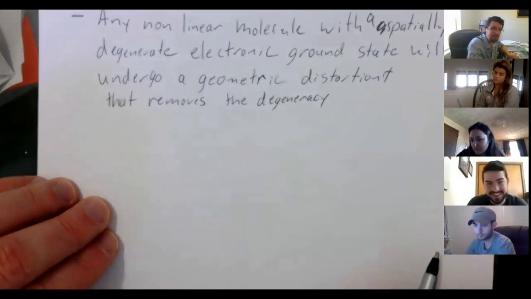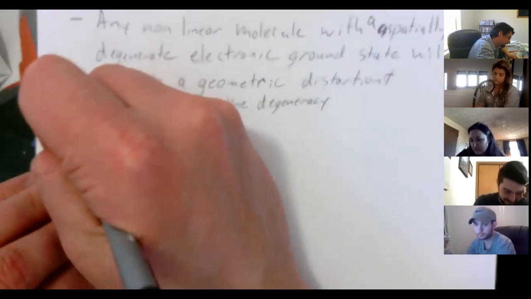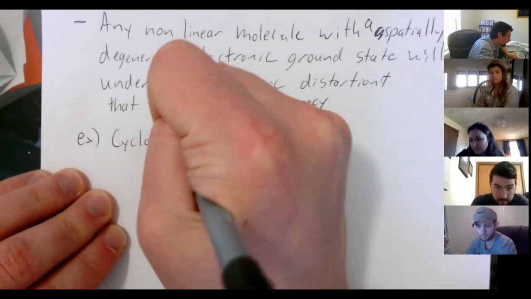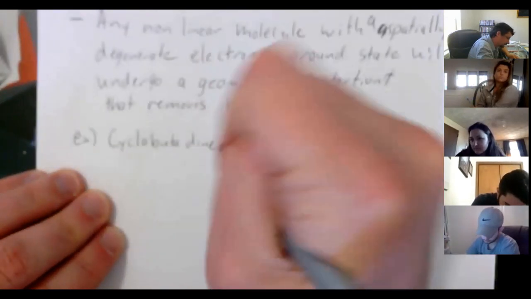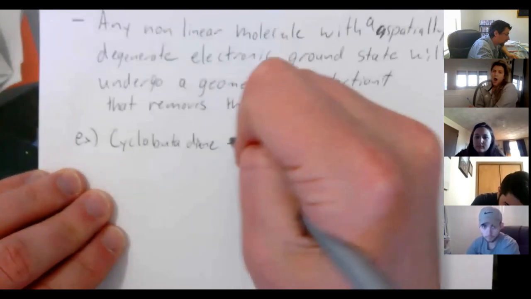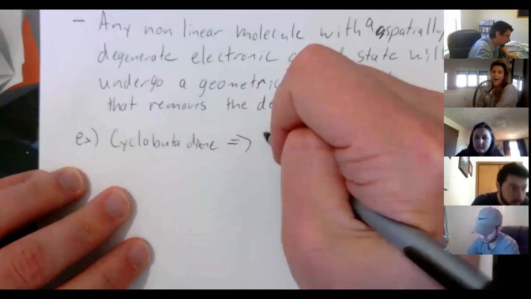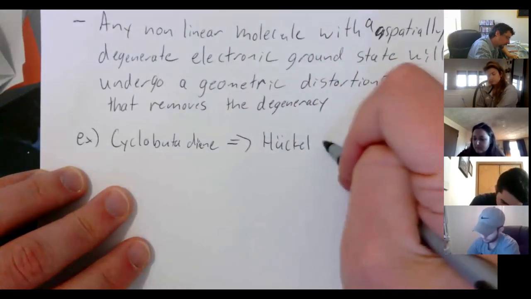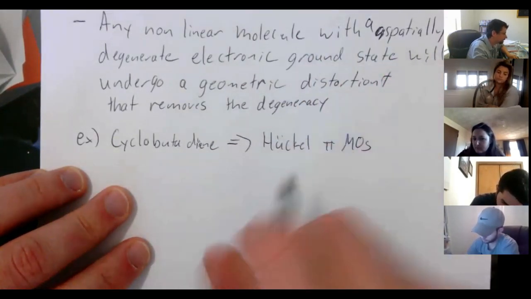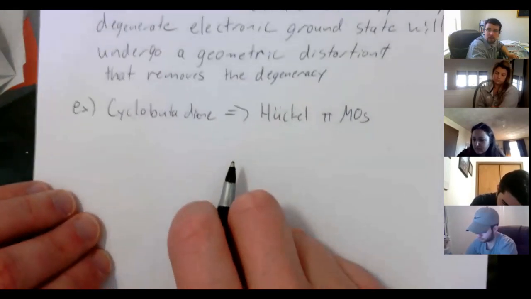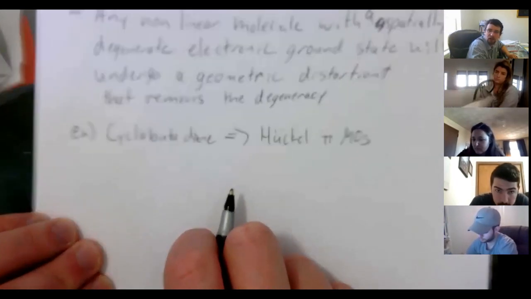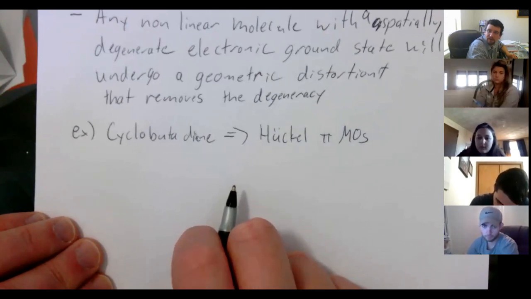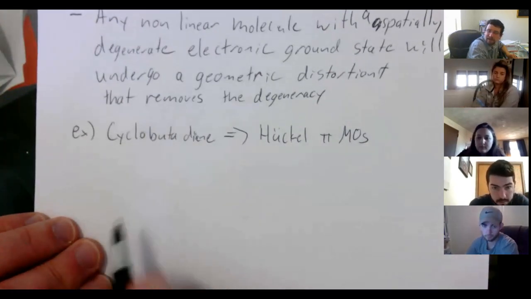Okay, so as an example, we're going to look at cyclobutadiene. And we're only going to consider the pi orbitals. We're going to look at the Huckel pi MOs. So does anybody know what the skeletal structure of cyclobutadiene looks like? First word, cyclo, what's that tell you?